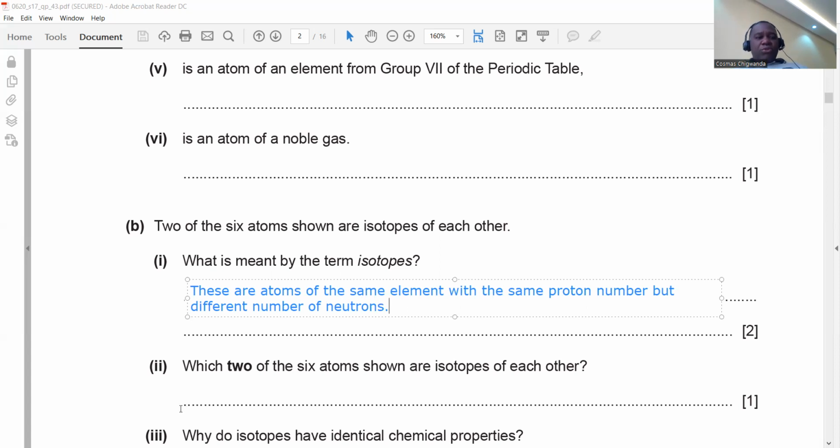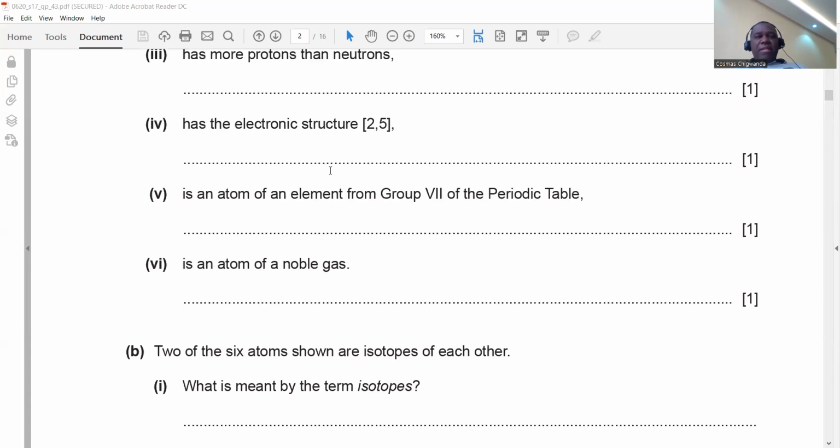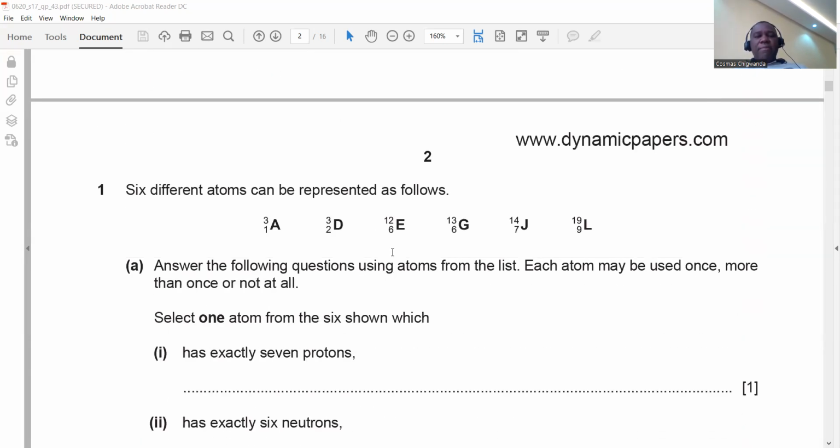If you go back to what we were discussing at the top there, if a person were to ask you from this list to pick atoms which are isotopes of each other, like I indicated previously.